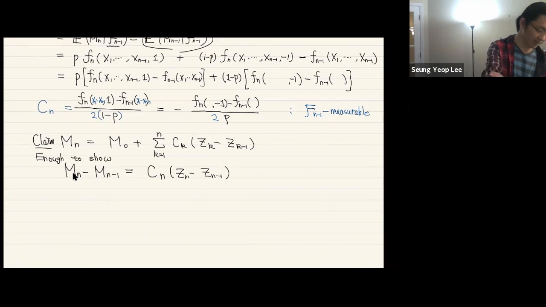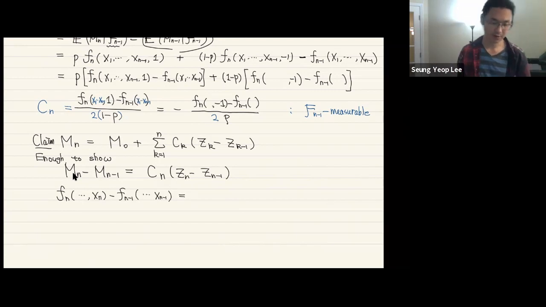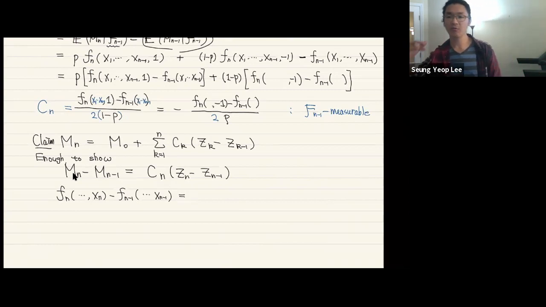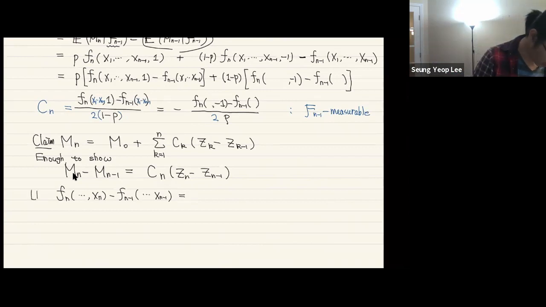Okay, so Mn minus Mn minus 1 is already what we wrote down as Fn of x1 to xn minus 1, xn, minus Fn minus 1 of x1 to xn minus 1. That's the left hand side, and on the right hand side we have this one. So let's check whether it matches the right hand side for both xn equal 1 and xn equal minus 1.